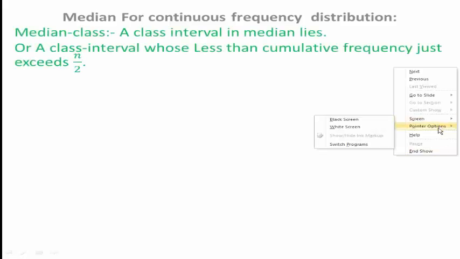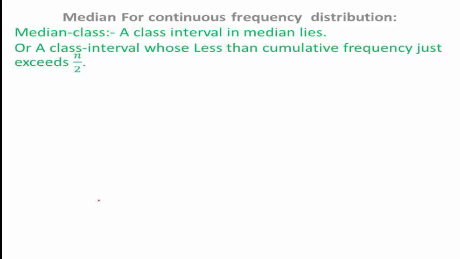In this case, first we have to find the median class, that is the class in which the median lies. The median class can also be defined as the class interval whose less than cumulative frequency just exceeds n by 2.